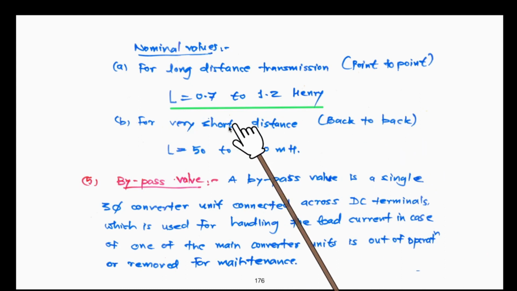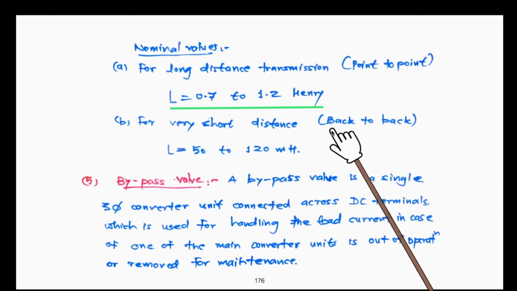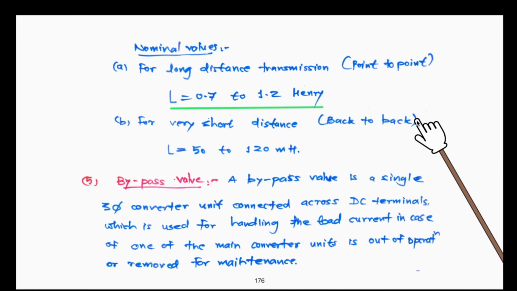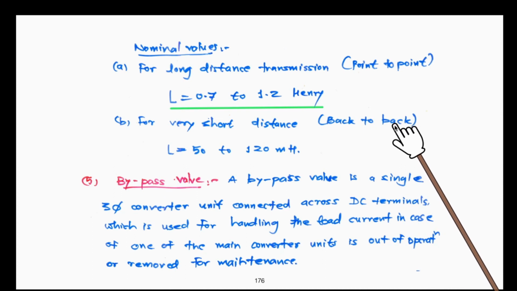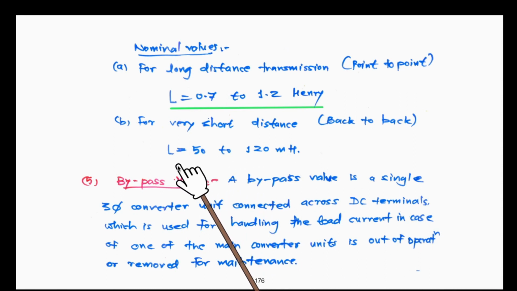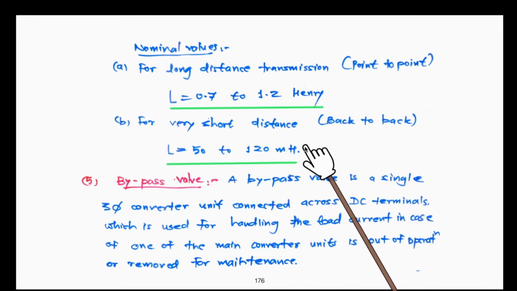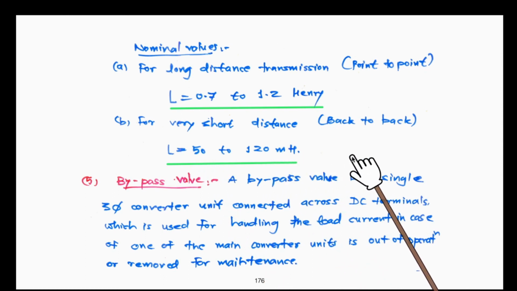And for short distance transmission or back to back, in Chandrapur there are two schemes. One is point to point, Chandrapur Padge, and the other is Chandrapur Ramagundam, a back to back link. The converter and inverter are placed in the same building, just meant for interconnecting the Maharashtra grid with the Andhra grid. So there the inductance required, with converter and inverter at the same location, is relatively smaller, 50 to 120 millihenries.